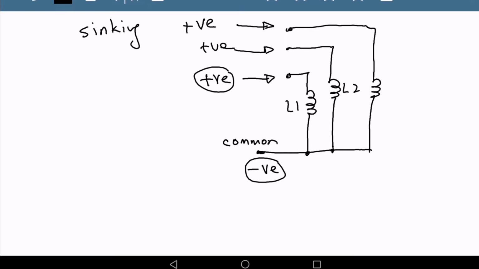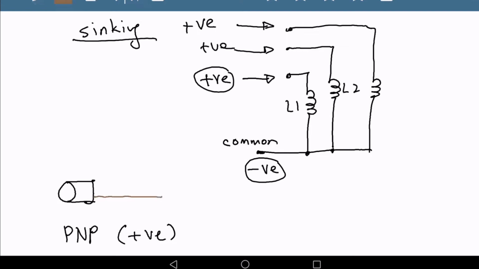With similar connection, we have NPN sensor. No, sorry. For this syncing, what type of sensor you need? You need PNP. Why? Because PNP produces positive output. Okay, similar connection.